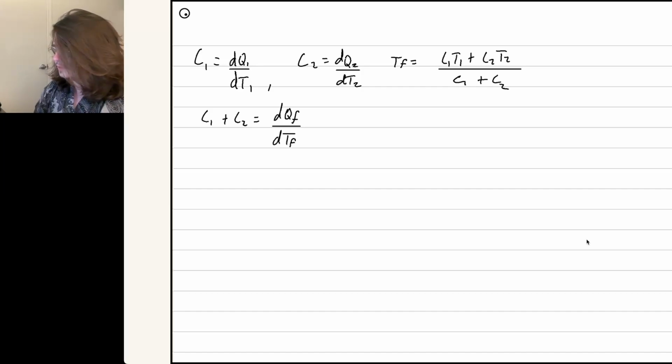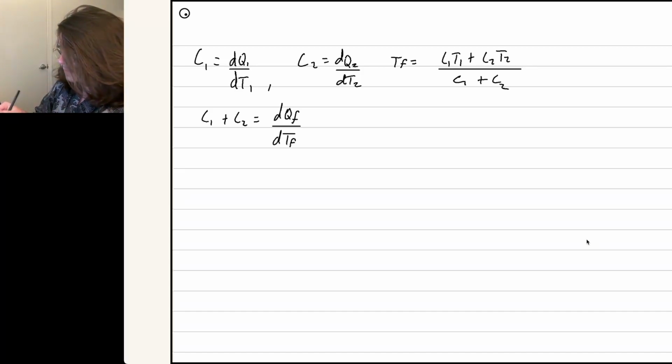It's just a superposition of the two different heat capacities. So we're going to solve these three differential equations individually and then combine them at the end to get that form of the final temperature.